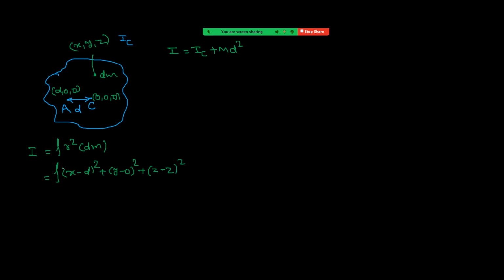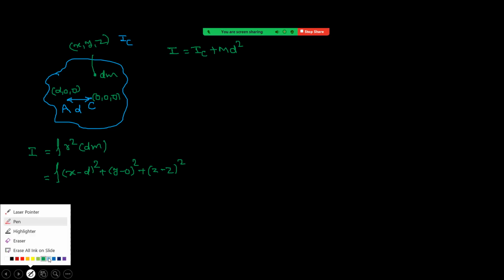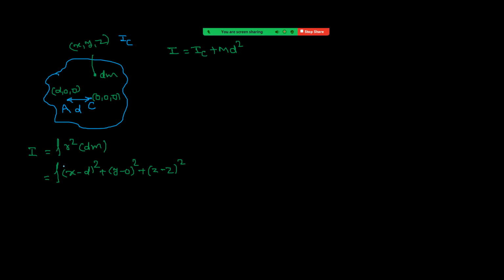We should be very careful. Why we have taken z minus z? See, we are taking the distance not from that point. We are taking the distance from the axis. Remember, what is here r square? Or you can say what is r? R is the distance of this point mass from the axis. It is not from this point.